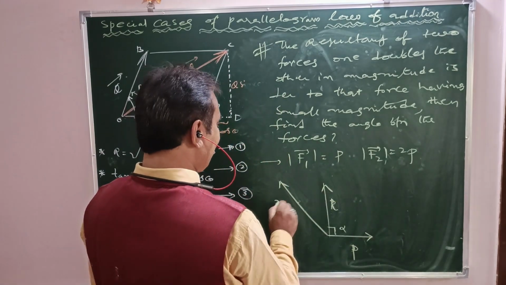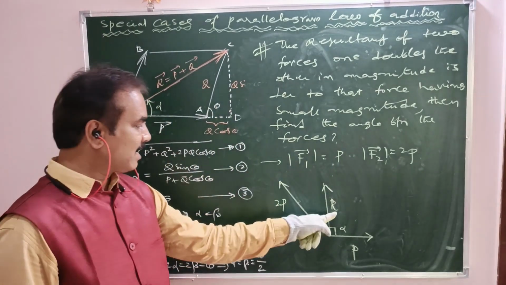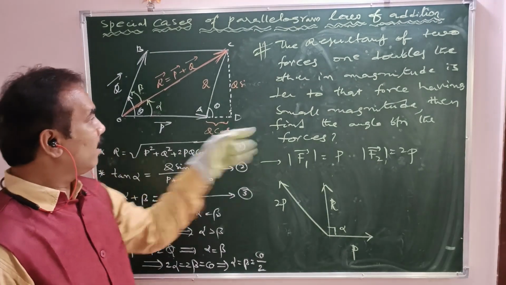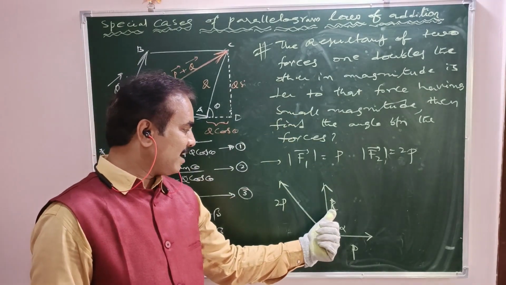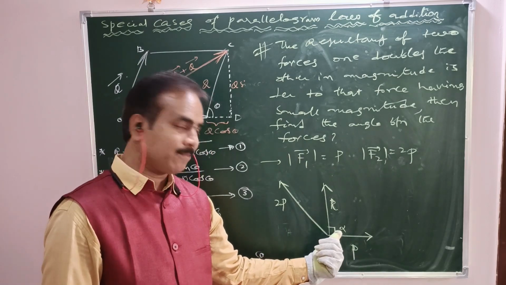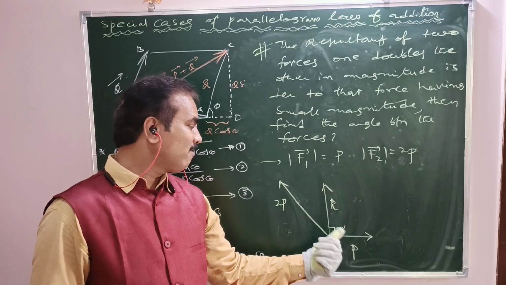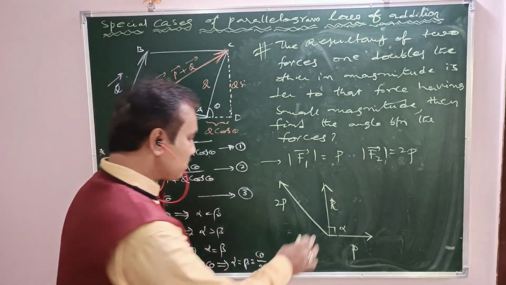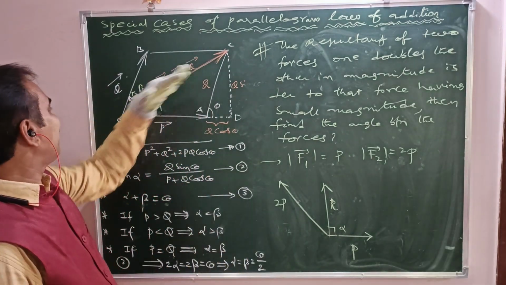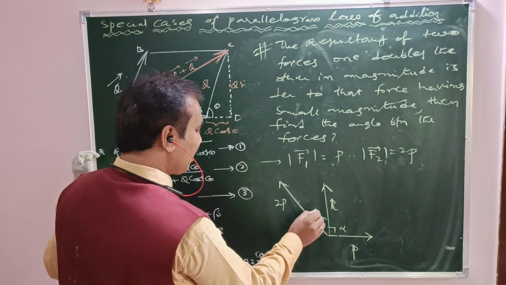This is 2P. See once again, the angle made by the resultant with P bar is alpha. From data, the resultant is perpendicular to the parent vector of smaller magnitude, so alpha is 90 degrees. What about beta? Alpha plus beta must equal theta. The angle made by the resultant with the other parent vector is beta.